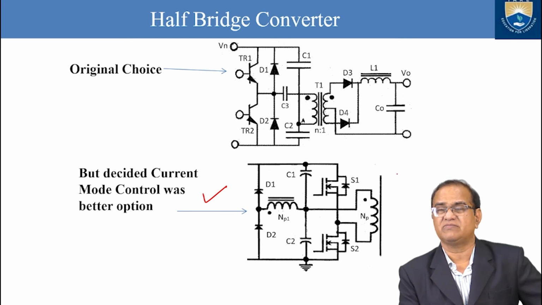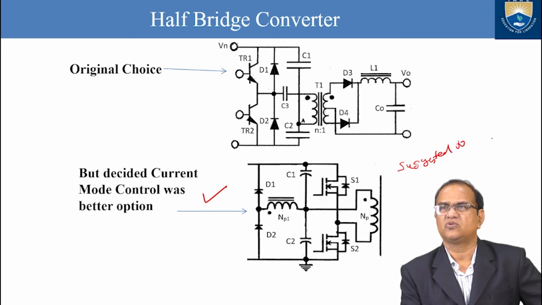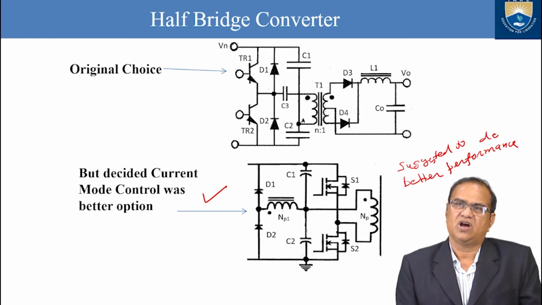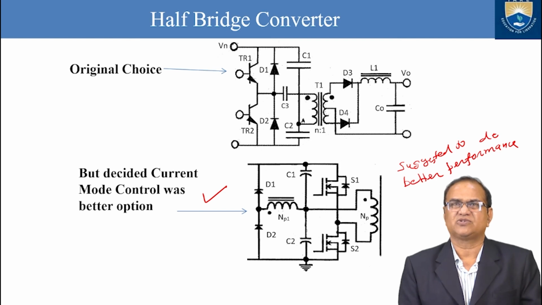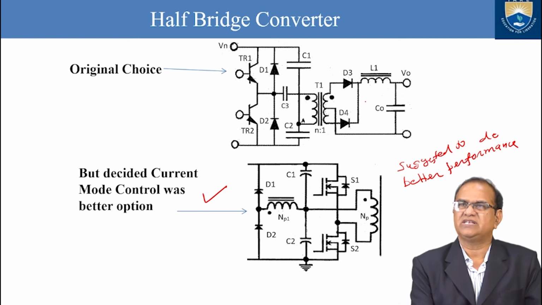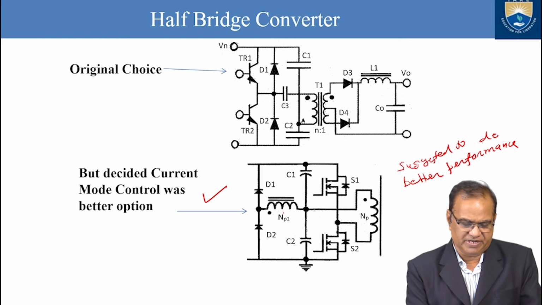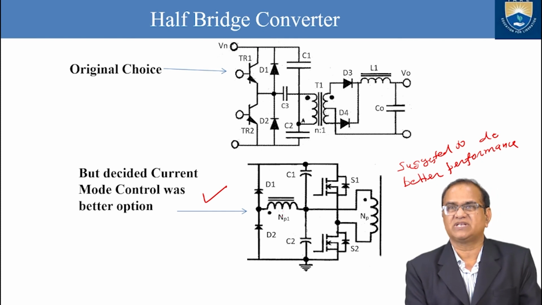So this system is suggested for better performance. That is the objective of this case study. The original choice is this, but as per this new thought, if you make it like this, it will give better control, and it is a better option to convert 270 volt DC.